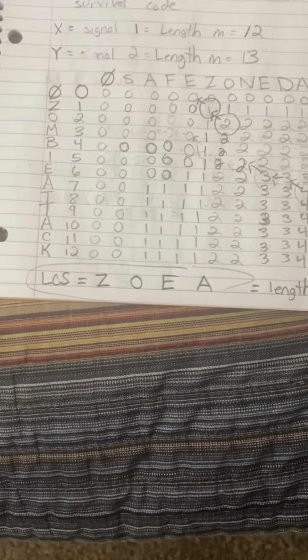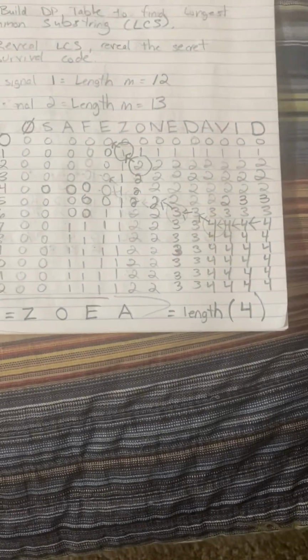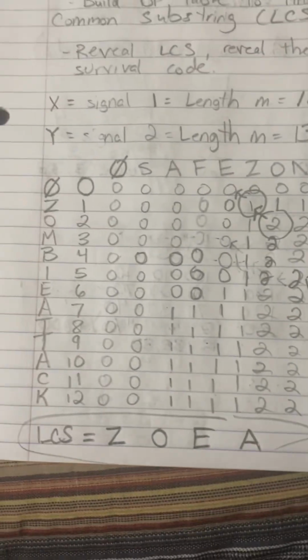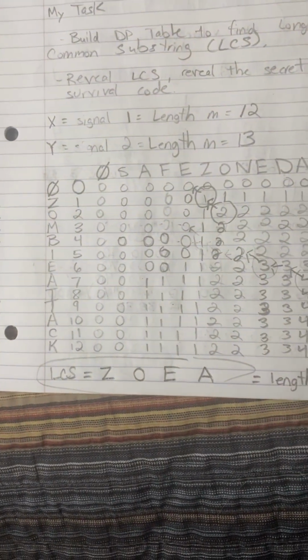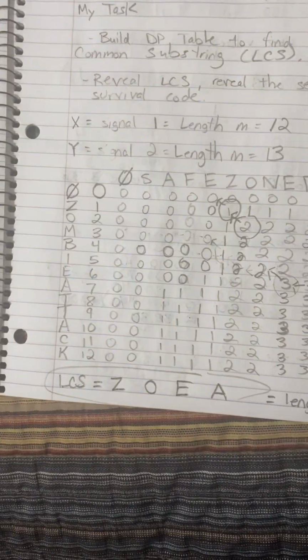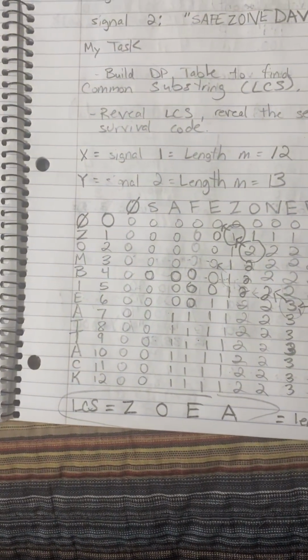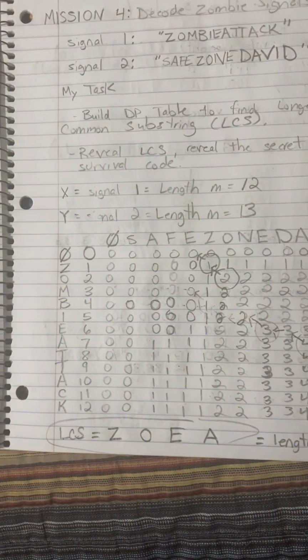Got this right here, and the way that I figured this was going from the upper left corner, the first time that 2 letters meet each other, I would put a 1.